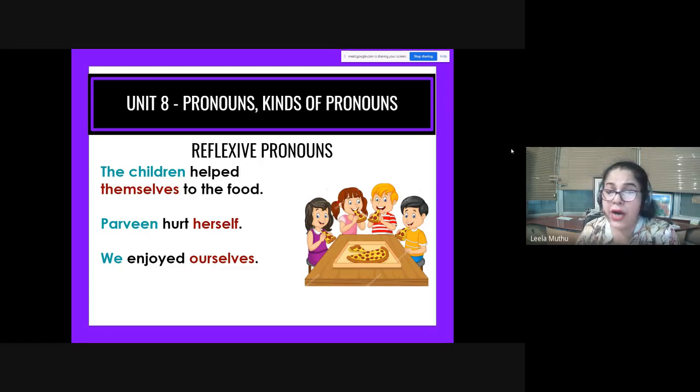So now I'm going to show you in these sentences how the subject is doing the action to themselves, like they also become the object in the sentence. So, the children helped the children to the food, for example. The children helped themselves to the food. You don't repeat the children. Help themselves means you go to a buffet, you have lots of food there, or you go to a party and the host tells you just help yourselves to the food.